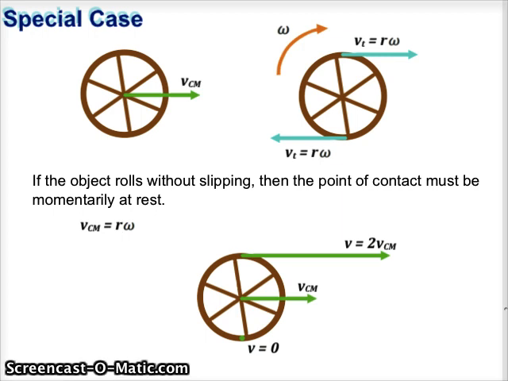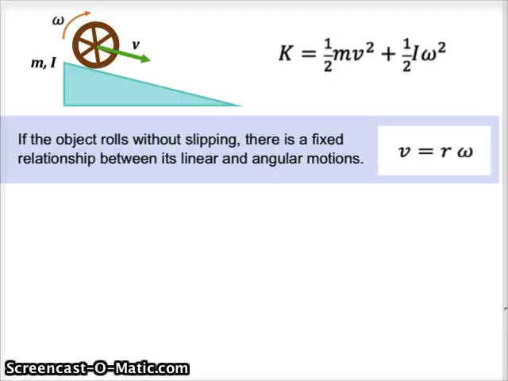Right, but again, the key idea from this set of slides here is that when an object rolls without slipping, it's going to have both forms of kinetic energy, but more importantly, the linear speed and the angular speed have a very specific relationship, and that is that v equals r times omega when an object rolls without slipping.